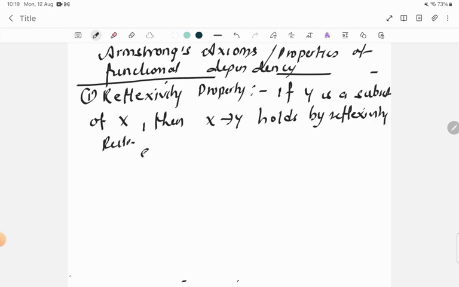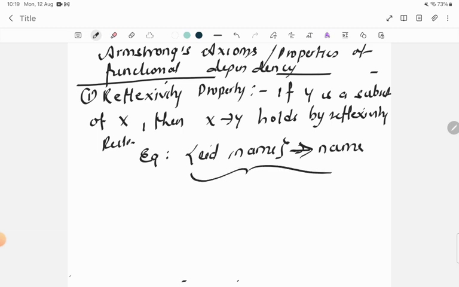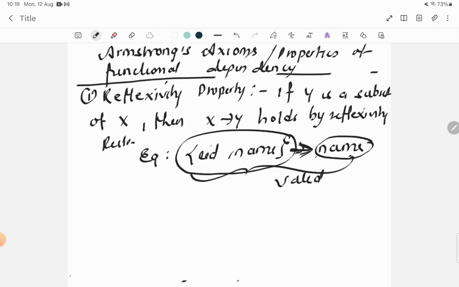For example, if we have employee ID and name as the combination of one key, then this is valid. It means that this set can determine its subset. What is this arrow? It means determine. So EID and name can determine its subset, which is EID. This is called the reflexivity property.